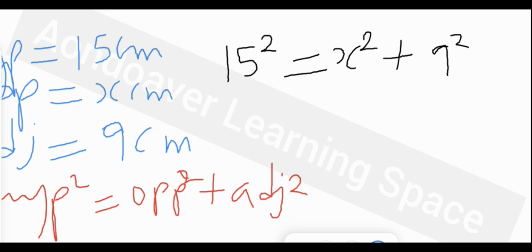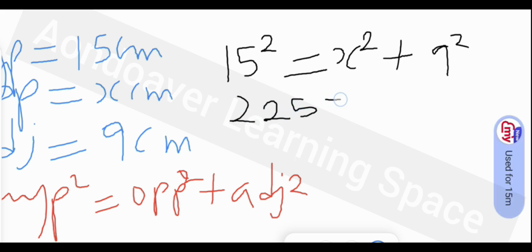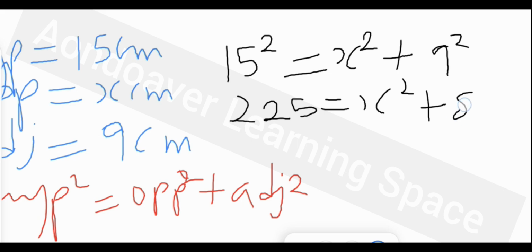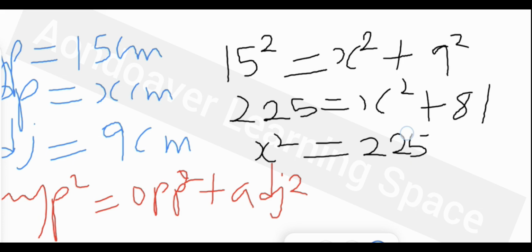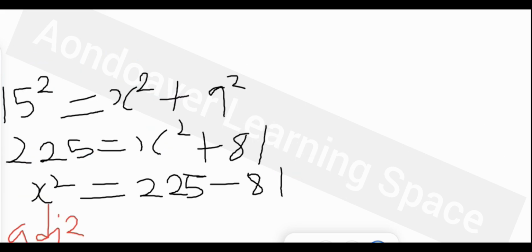So 15 squared will give us 225, equal to x squared plus 9 squared, which will give us 81. So from here, let's collect like terms and rearrange. So x squared is equal to 225 minus 81. And 225 minus 81 will give us 144.